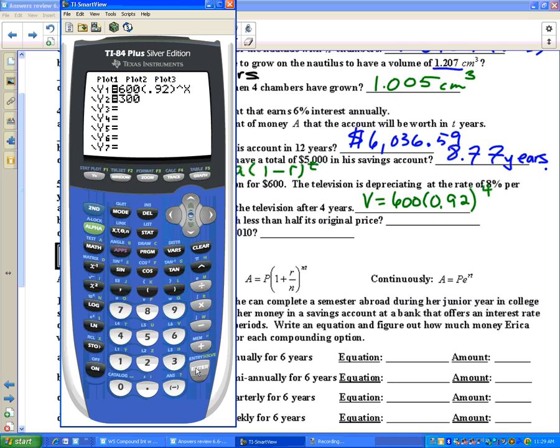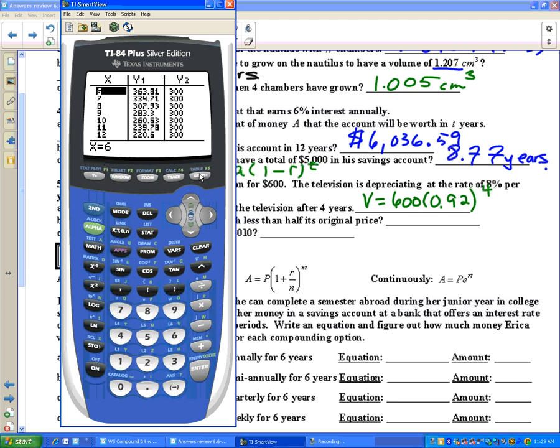I can go to the graph. If I'm going to do the graph, I need more than 600 since that's my original amount. So I can go up to 700. If I hit second graph to go to the table, $300 is somewhere between 8 and 9 years. So my x's 10 years should show that to me.